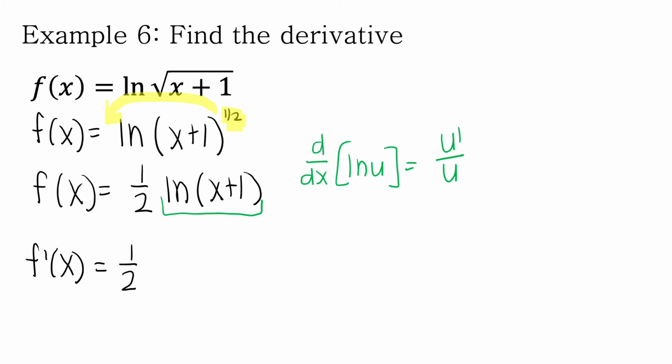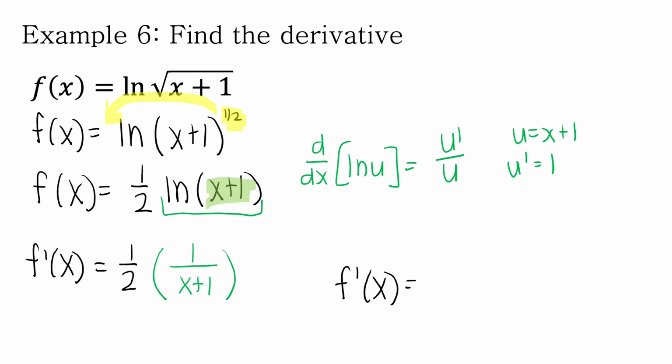I'm going to let u, in this case, equal x plus 1, which makes u prime just equal 1. So the derivative of the natural log of x plus 1 is going to be 1 over x plus 1. So we can write our final derivative, f prime of x, as 1 over, and then we can either write this as 2 times x plus 1 or 1 over 2x plus 2.